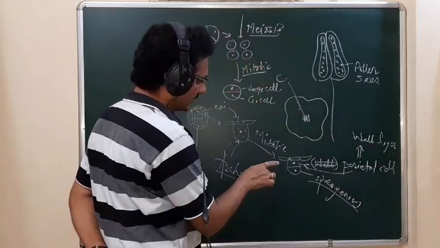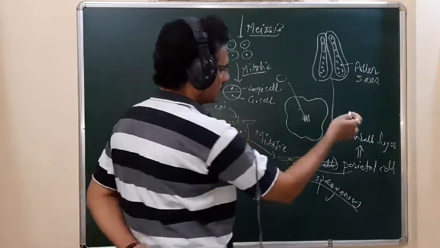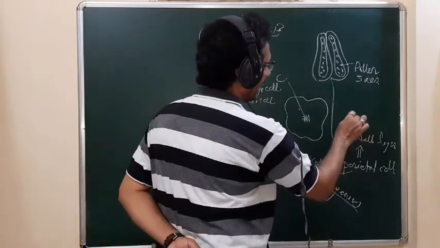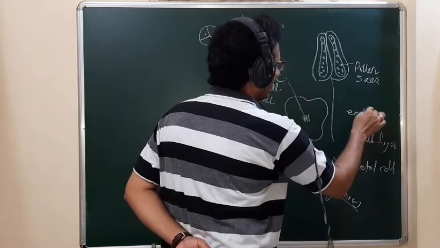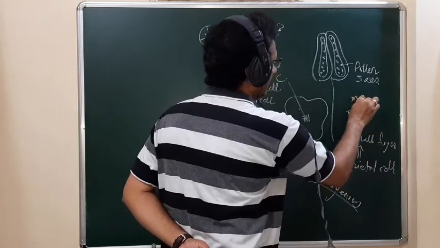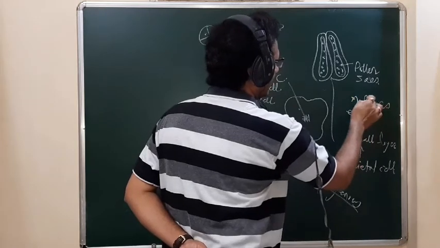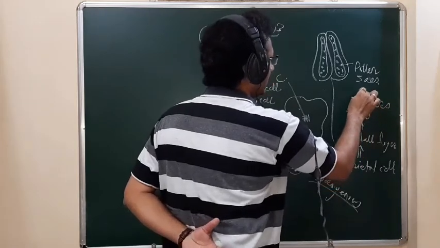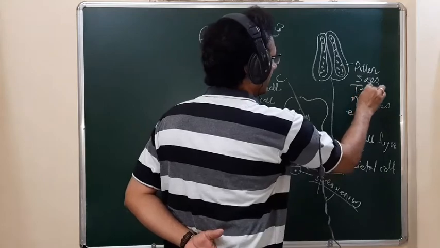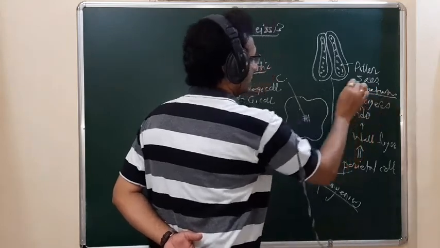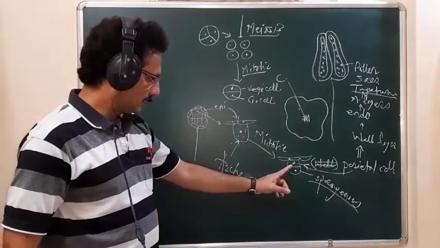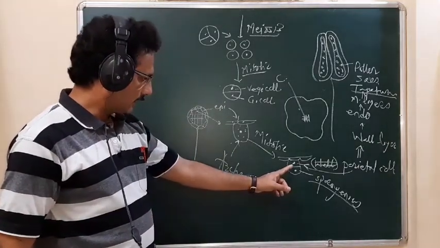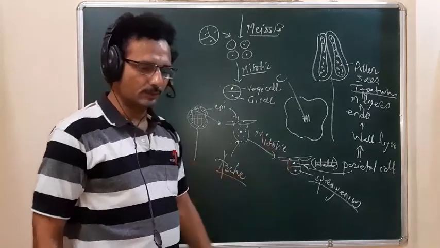What are those wall layers inside the epidermis? Endothecium, then the middle layers, and the next one is the tapetum. So the parietal cell takes part in the formation of the wall layers.